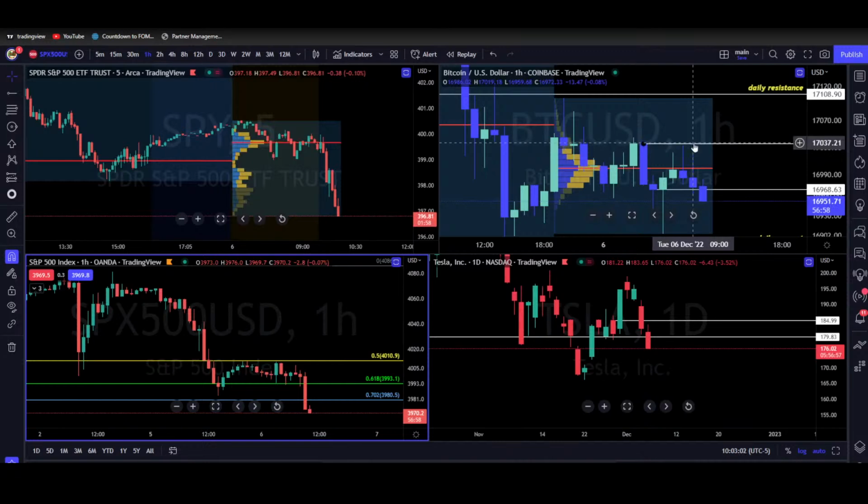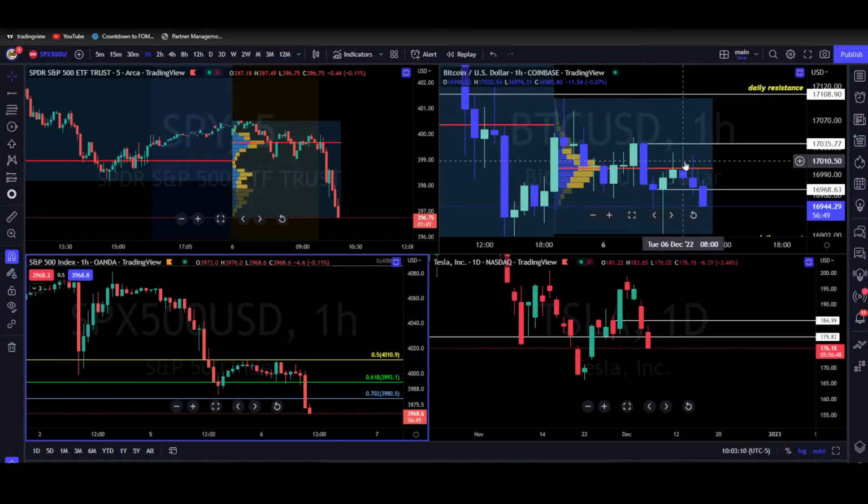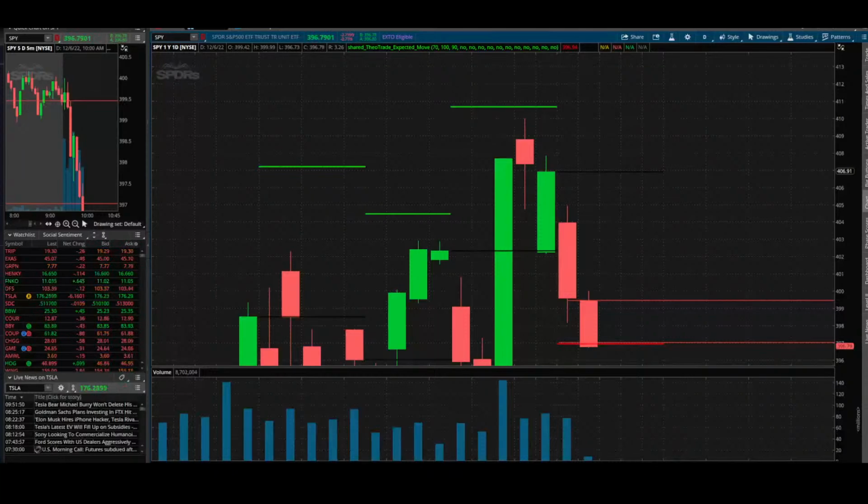We were looking at the short, but when I posted it in the Discord, it was too late. Price was already down here. So I can't chase it, right? I can't ever chase it. So it looks like it's going to be a pretty nasty down day here on the SPY. You're under it.